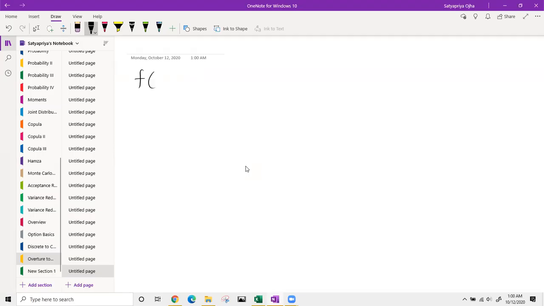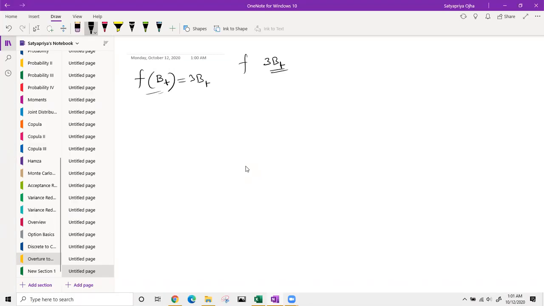Suppose we have a function of Brownian motion, for example 3 times B_t. My function is 3B_t, a function of Brownian motion.